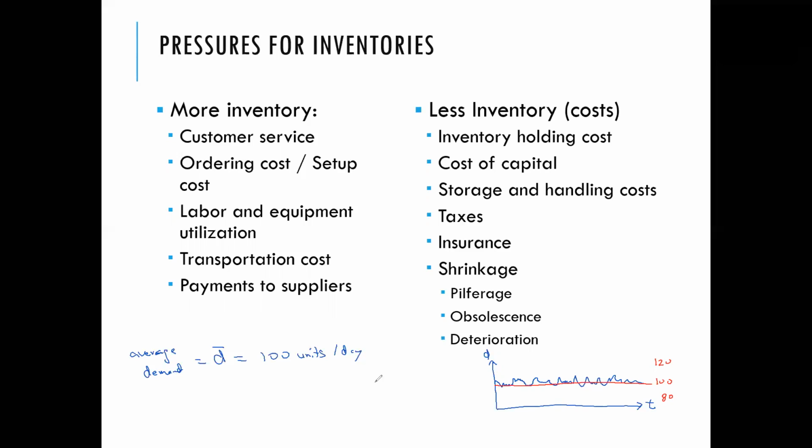Now my question is, if your average demand is 100 units per day, how many units would you want to store? Actually, I'll give you a little bit of time to think about it. I'll repeat the question.